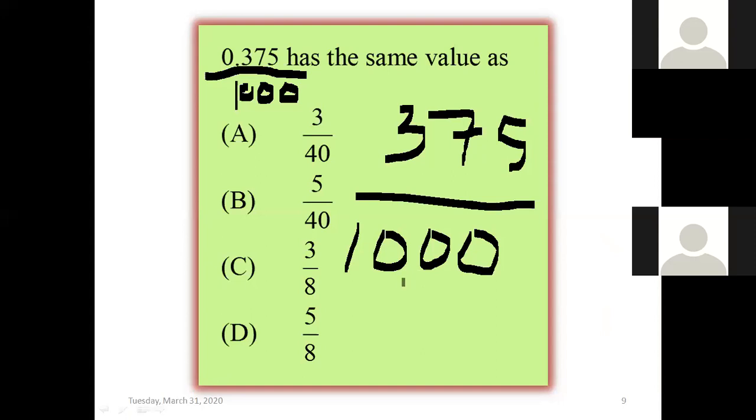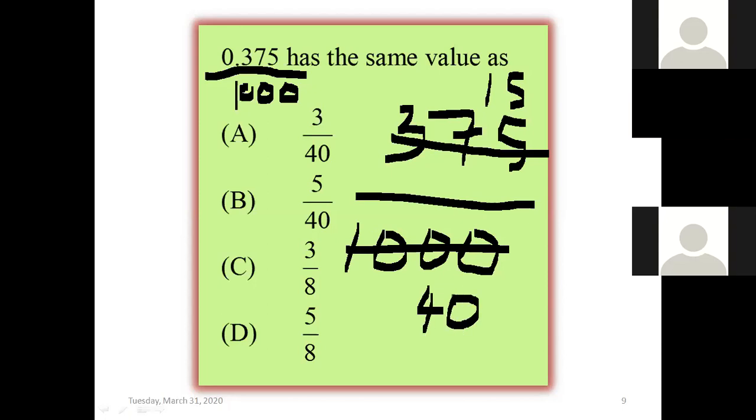We're going to divide 25 into 375. That gives you 15. And 25 into 1,000 gives you 40. Then you're going to reduce that by 5, and you're going to get 3 over 8.